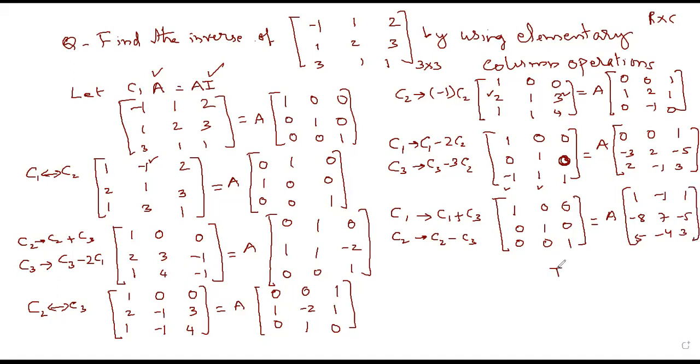That's all. We got I is equal to A into A inverse. So hence A inverse is equal to 1, minus 1, 1, minus 8, 7, minus 5, 5, minus 4.